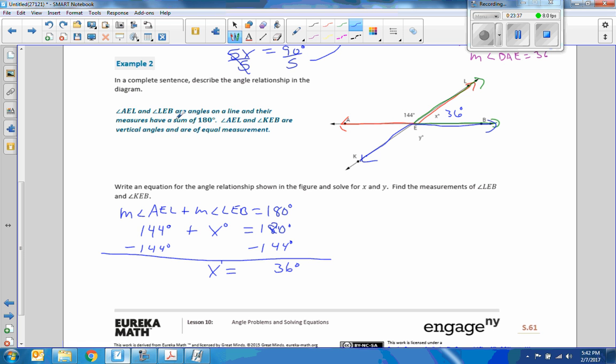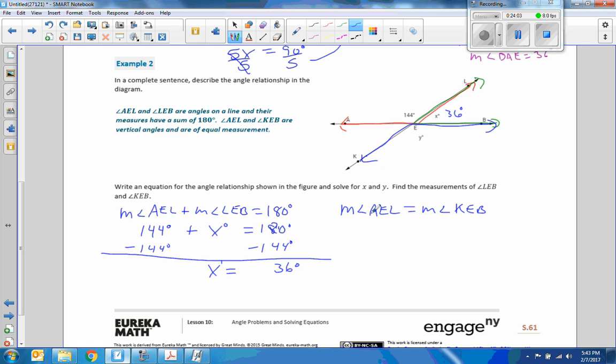Then I also have this here, so let's use the information they gave us. Angle AEL and angle KEB are vertical angles and they're equal measurements. So the measure of angle AEL equals the measure of angle KEB.